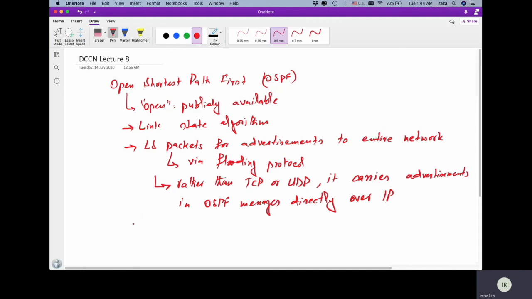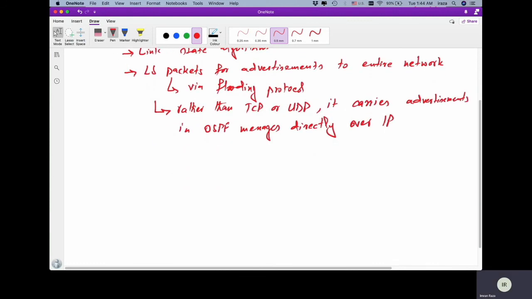It's important to note that OSPF uses Dijkstra's algorithm for route computation.